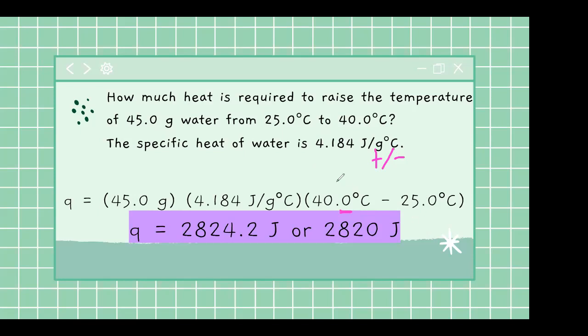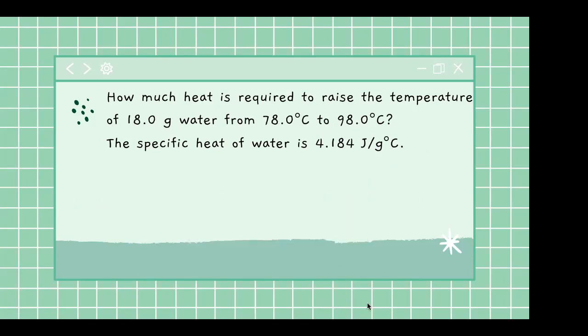So if this is 3 sig figs and the mass is also 3 sig figs, your answer would be 3 sig figs. A good question. Any other questions? Okay, let me go ahead and move forward.